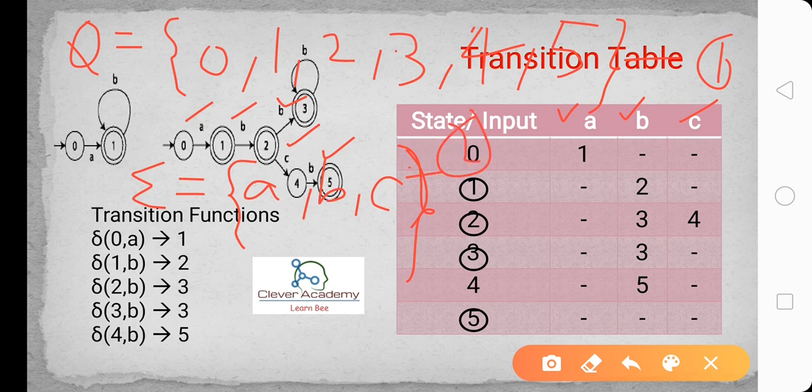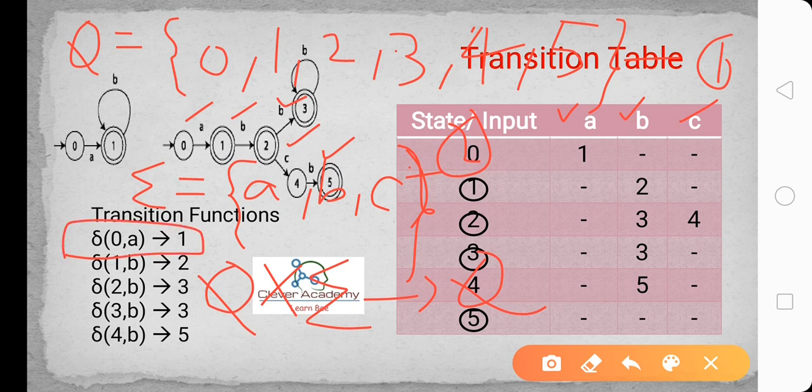Next, the representation of the transition function, Q × Σ → Q. You can see delta of 0 comma A: whenever 0 comma A, it moves to 1.